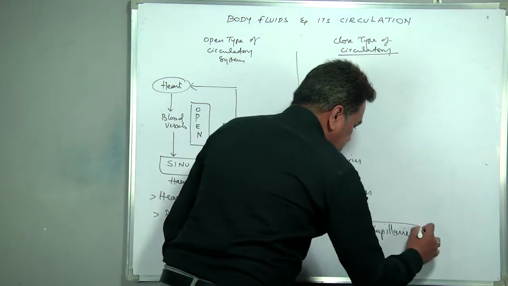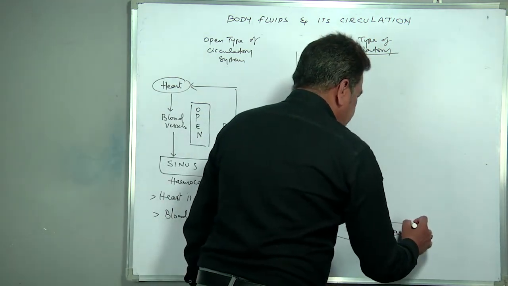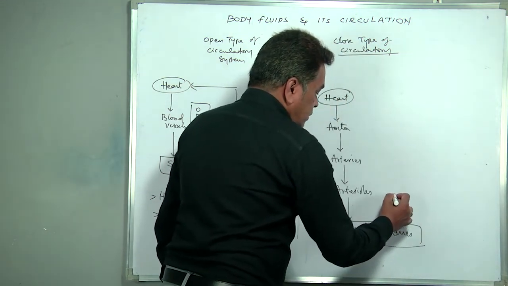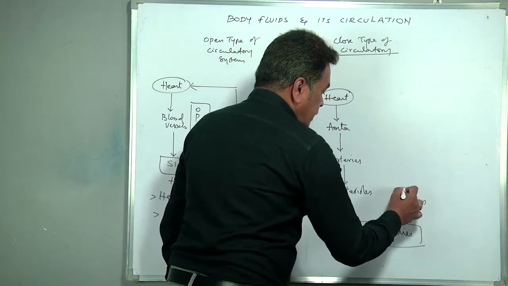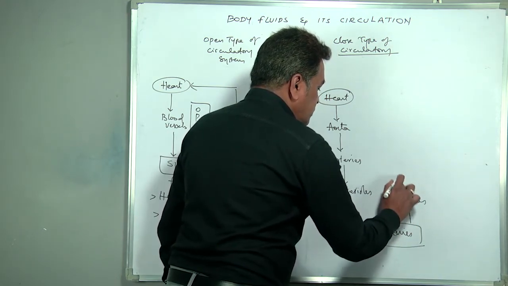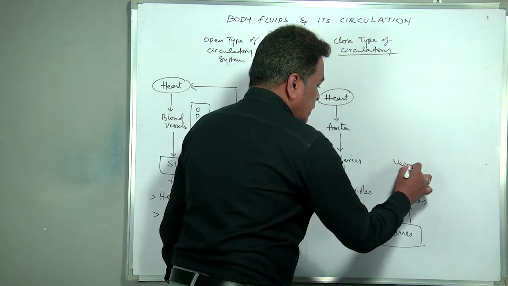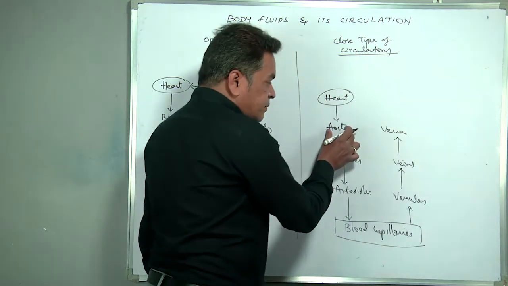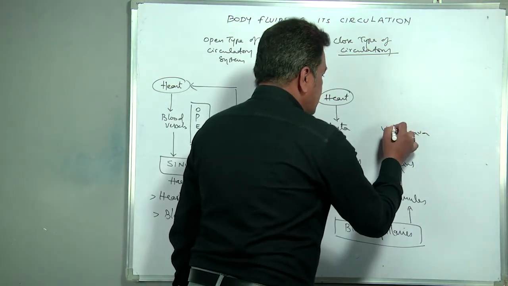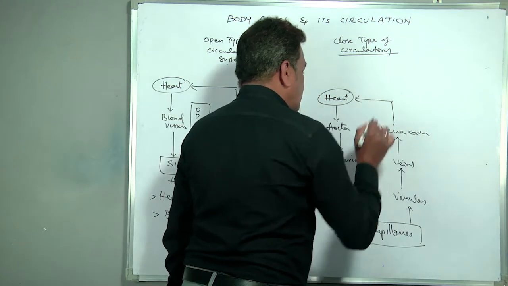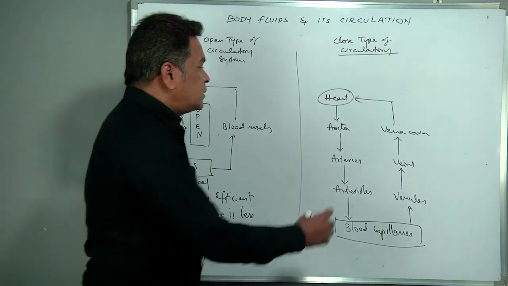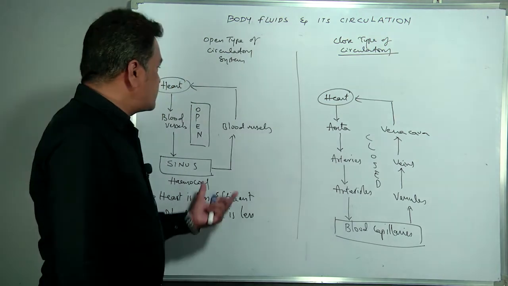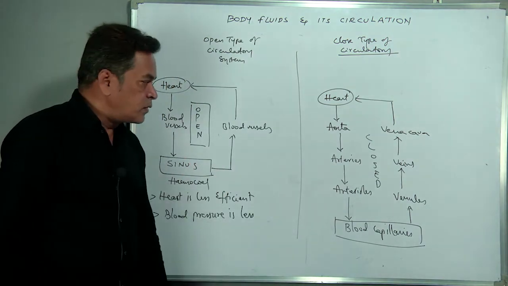These blood capillaries once again merge to form venules, and venules merge to become veins, and these veins become the vena cava, a larger blood vessel. Aorta is the largest blood vessel. From the vena cava once again the blood reaches the heart. So this is a closed type. This is the difference between the open type and closed type circulatory system.